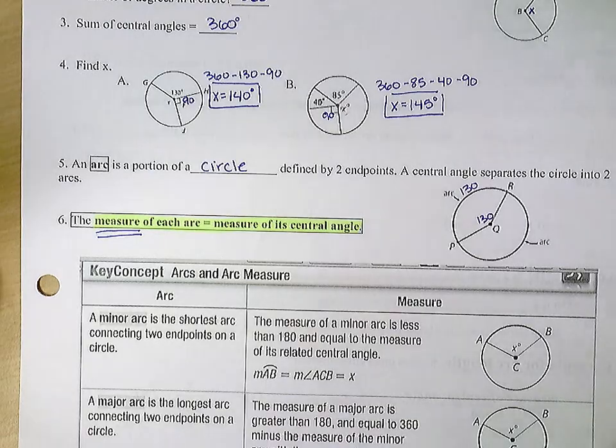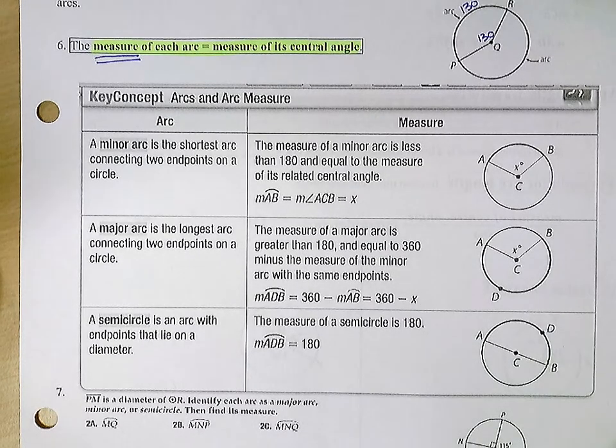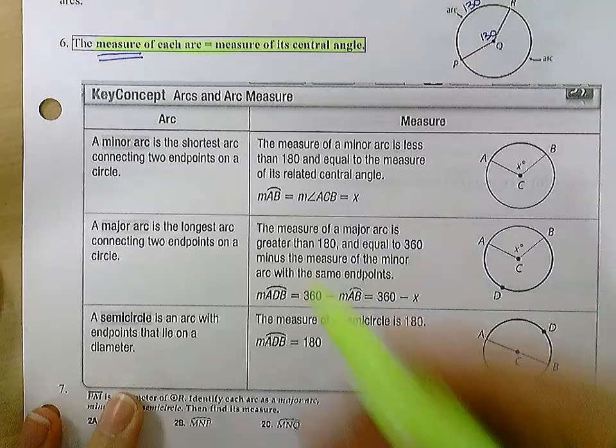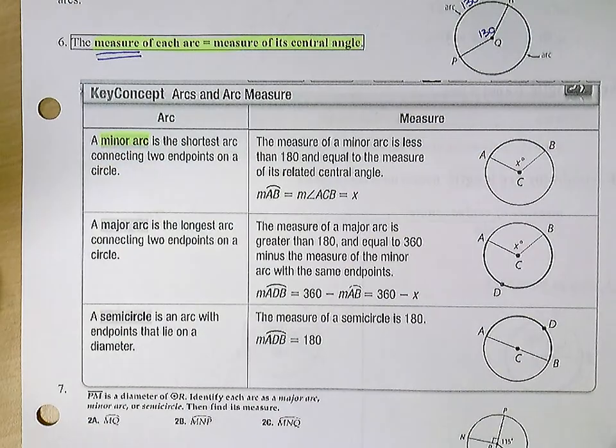So we do have different kinds of arcs laid out in this table below here. The first type is a minor arc. Minor arc is the shortest arc connecting two endpoints in a circle.